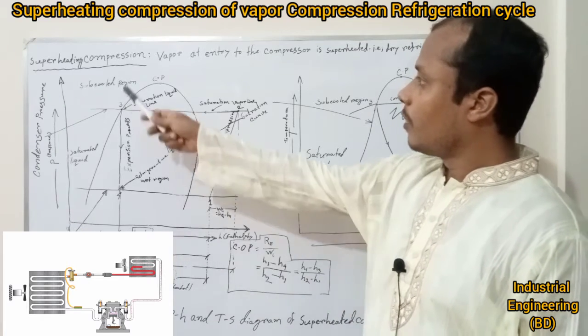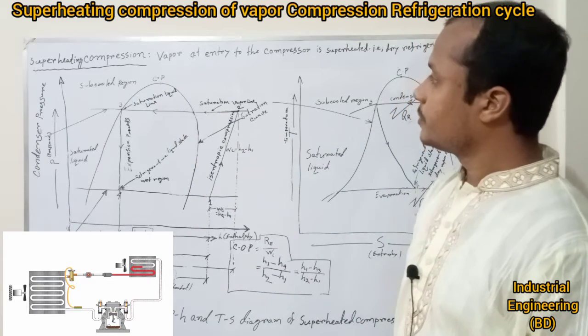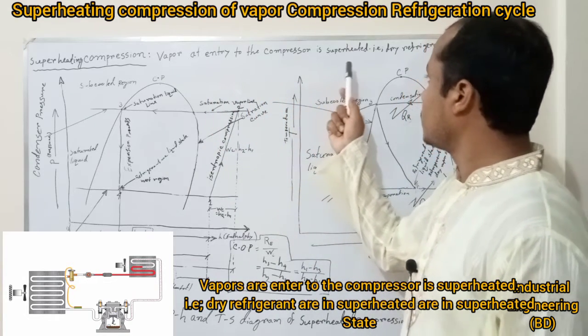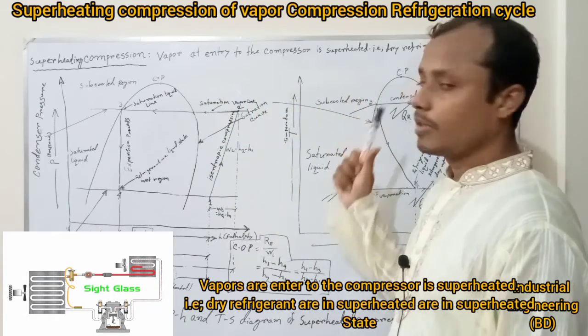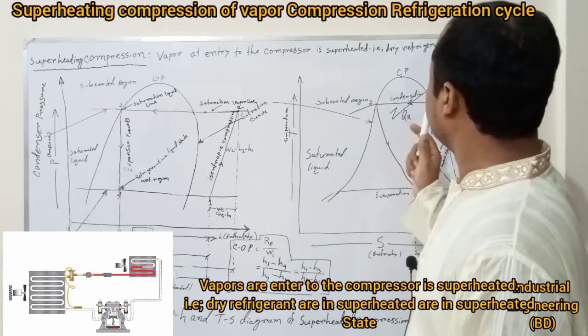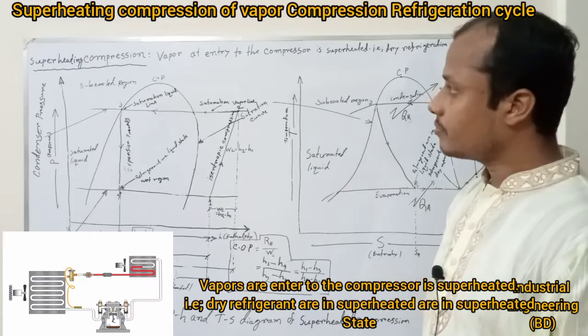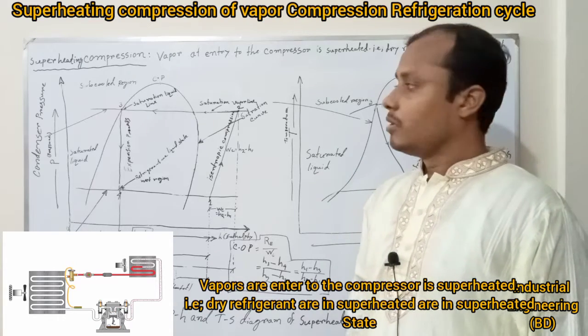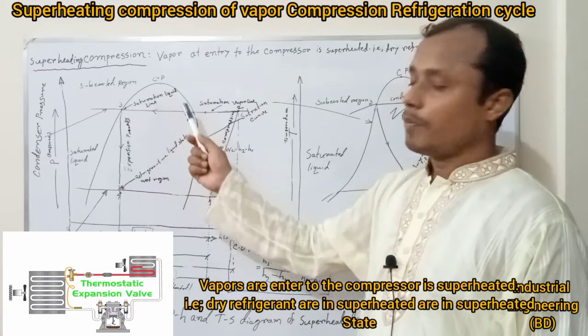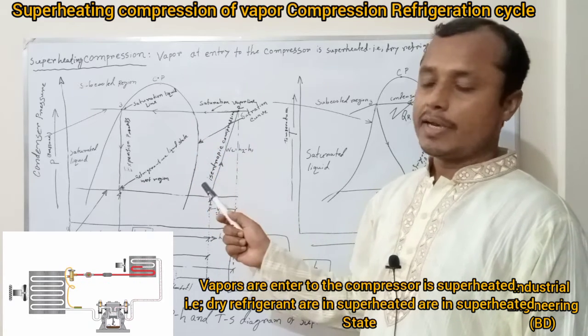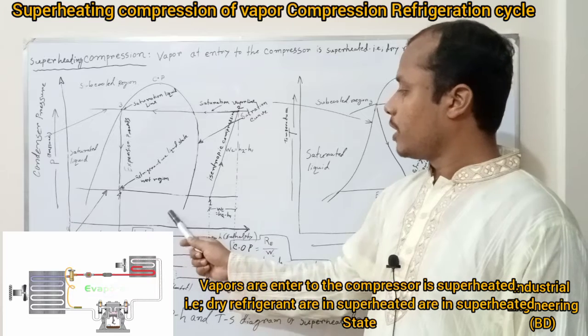From the definition of superheating compression system, vapor at entry to the compressor is superheated, that is, dry refrigeration vapor at high pressure. In this superheating compression, it is possible to get the maximum refrigeration effect.